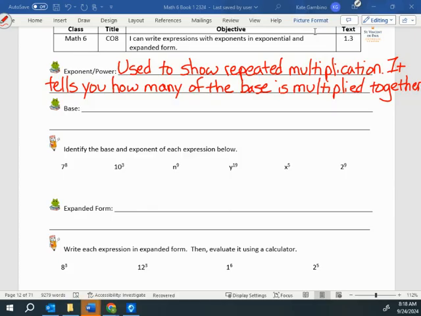So we have a new word in here, the base. And what's a base? The base is the number or variable attached to the power.